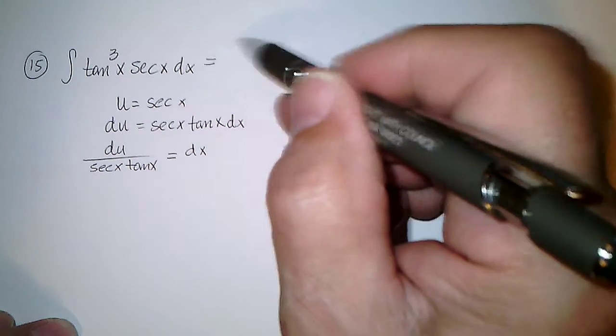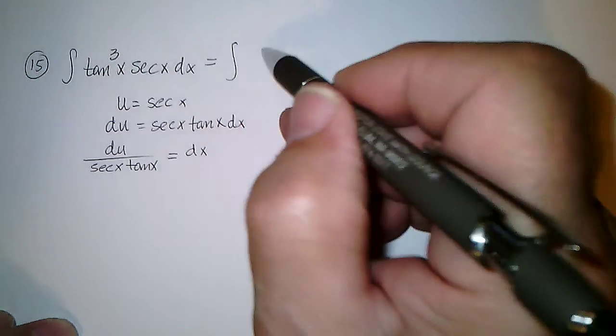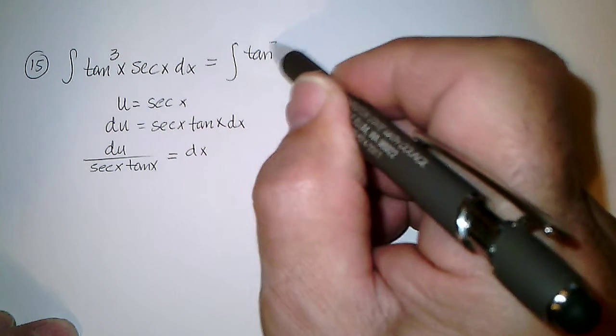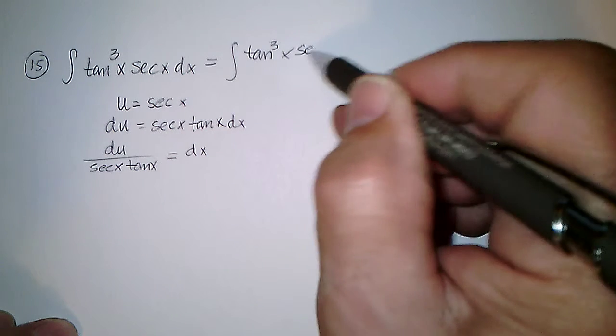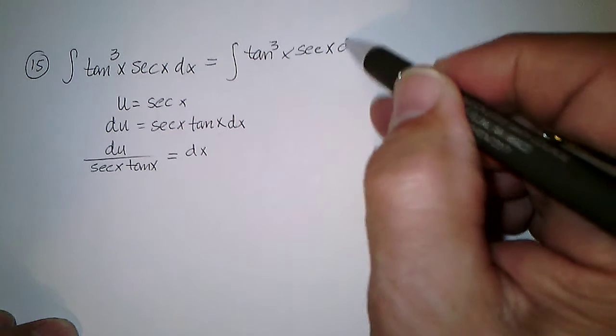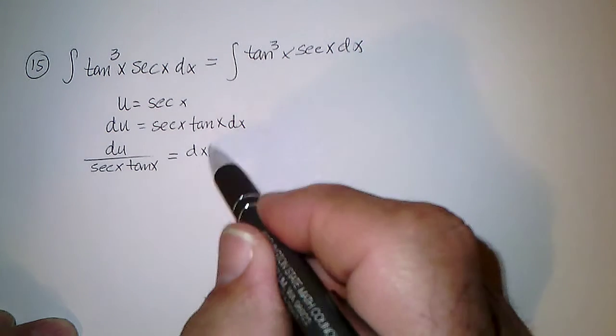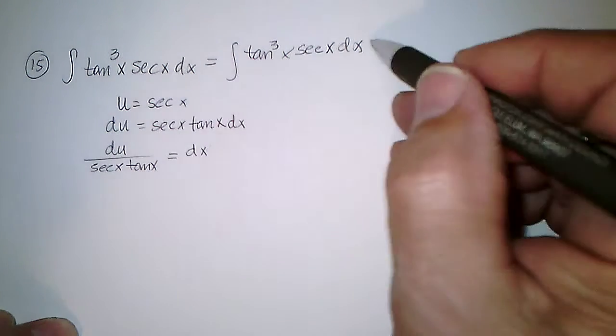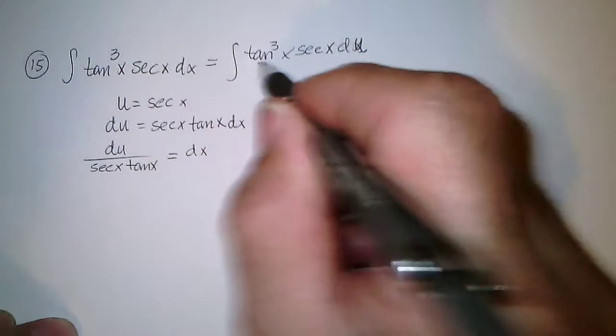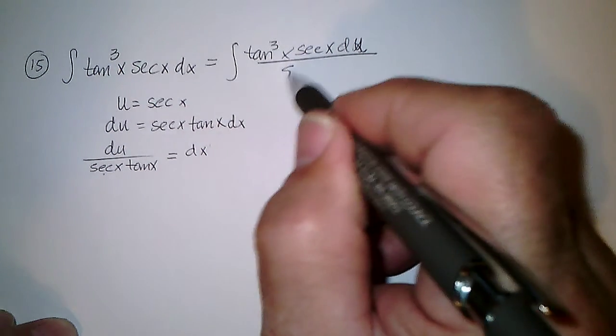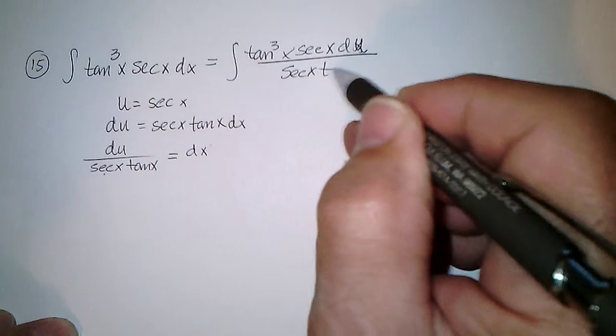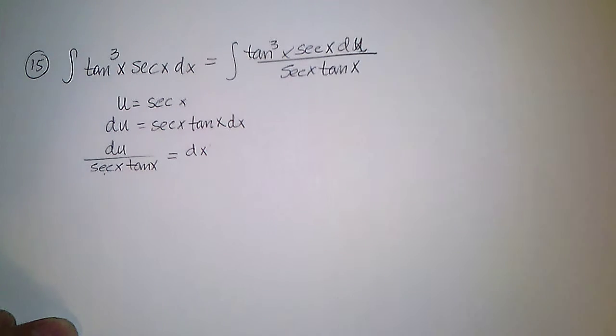So my problem becomes integral tangent to the 3rd x secant x dx is going to be replaced with du over secant x tangent x.